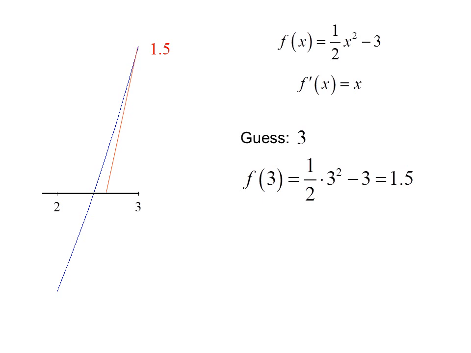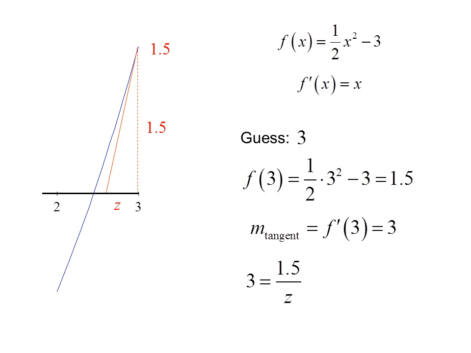and construct a tangent at that point. The slope of the tangent is f prime of 3, or 3. Now, if we mark the distance from the tangent line to the 3 as z, and construct a vertical side to make the triangle, we see that 3, which is the slope, is change in y over change in x, or 1.5 over z.